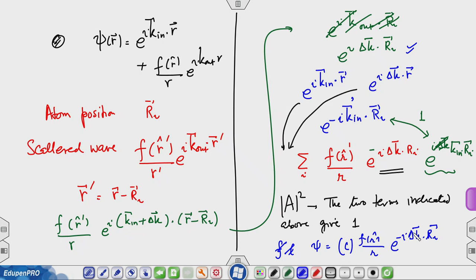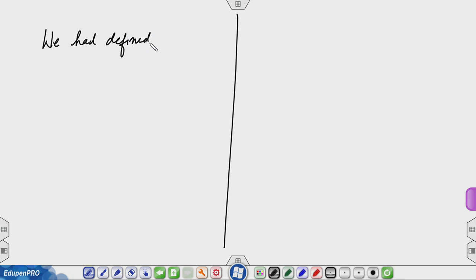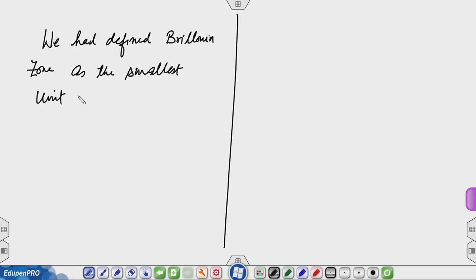Now, we go back to X-ray scattering and related concepts. So, remember we had defined the Brillouin zone as the smallest unit of reciprocal lattice.